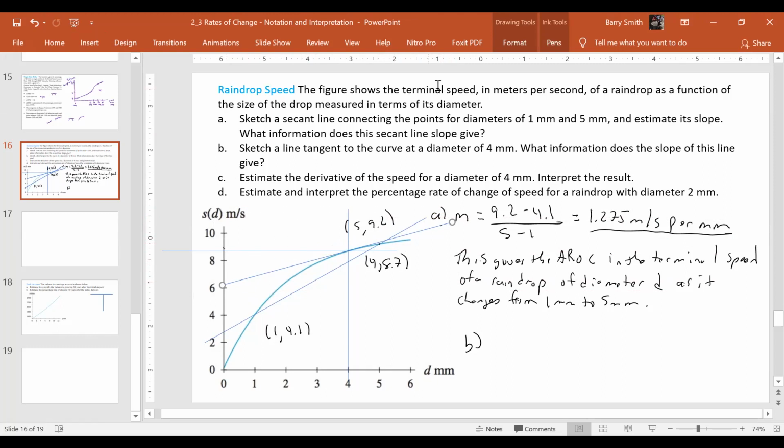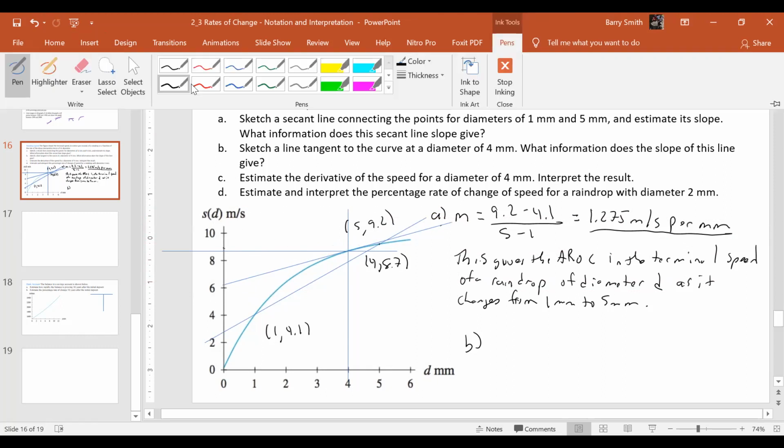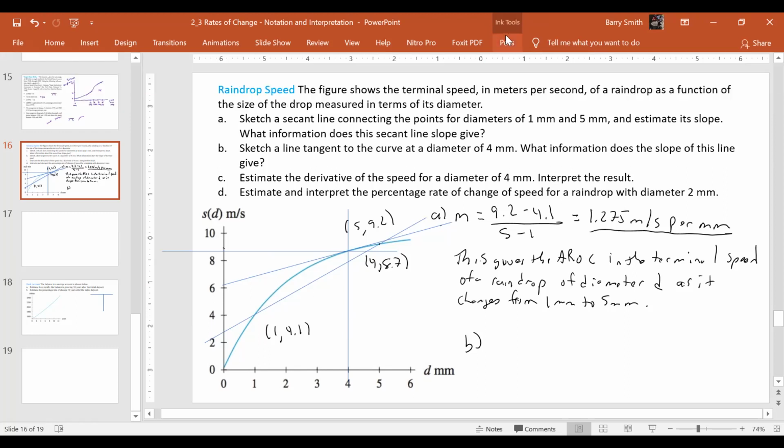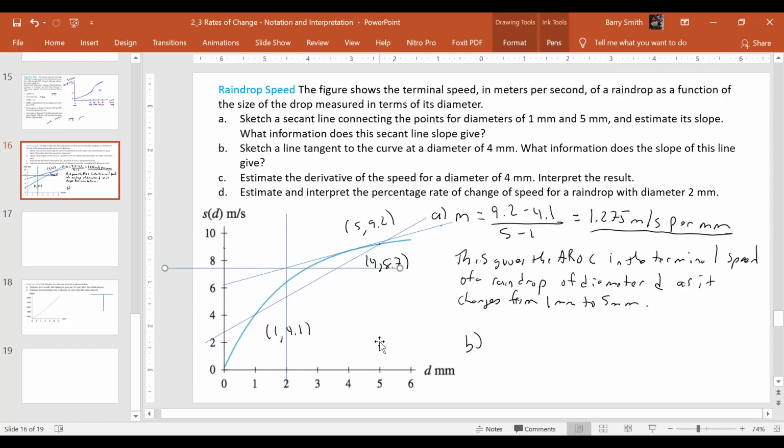Now what we need to do is come up with another point. So let's come up with a point on that tangent line. So maybe we'll do 2. If we can get that a little closer, and then we'll come down on here. And maybe that is that.